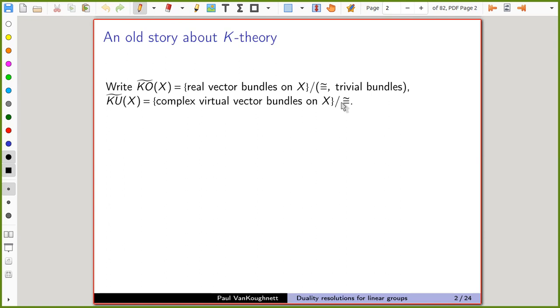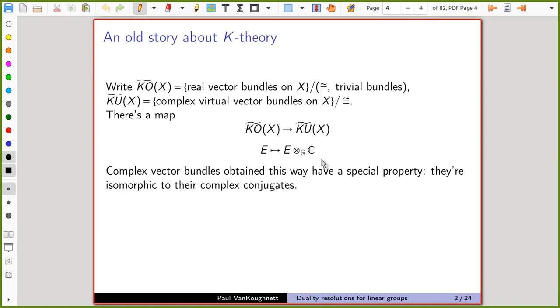These are maybe some of the first objects of homotopy theory that people have really thought about. One question you can ask is, let's say that you understand the KU theory of some space X, and you want to understand its KO theory. These two things are related because given a real vector bundle, you can complexify it, and this gives you a complex vector bundle. Vector bundles that you obtain this way have a special property: complex vector bundles that occur as the complexification of some real vector bundle are isomorphic to their complex conjugates.